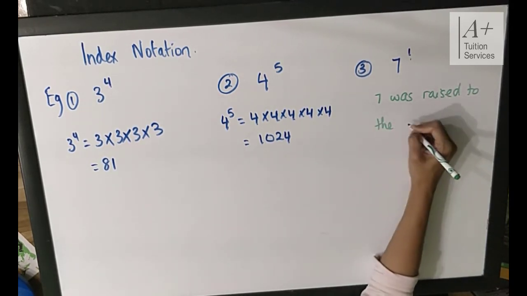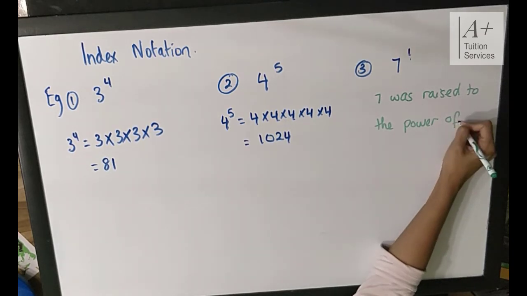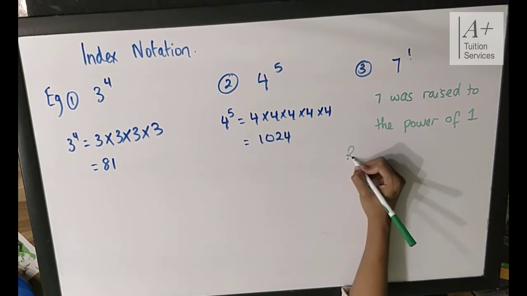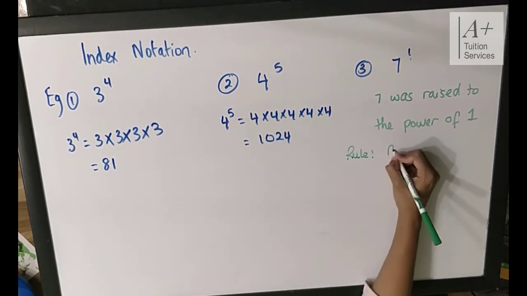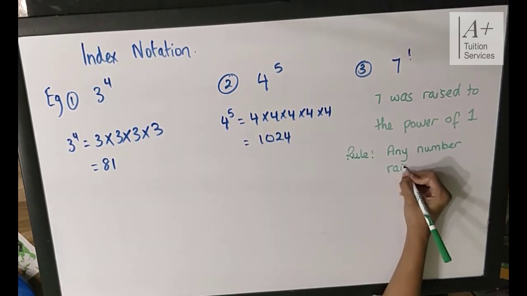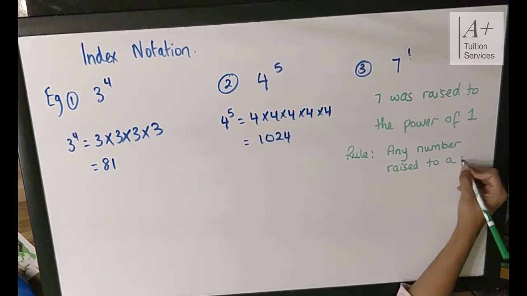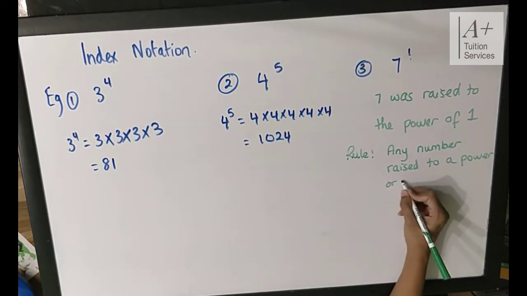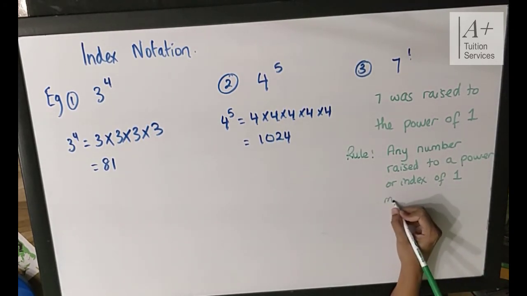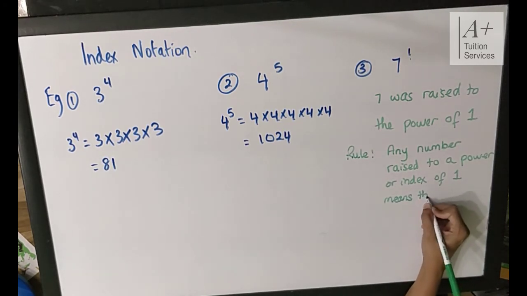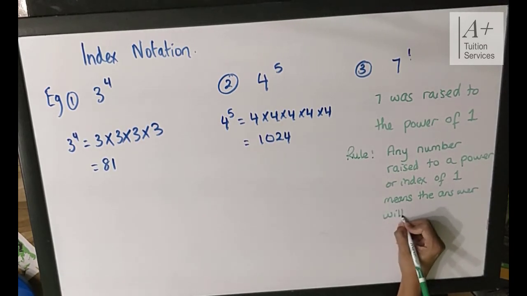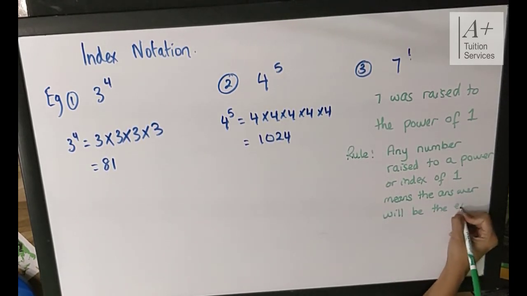So the rule states that any number raised to a power or index of 1 means the answer will be the exact number.